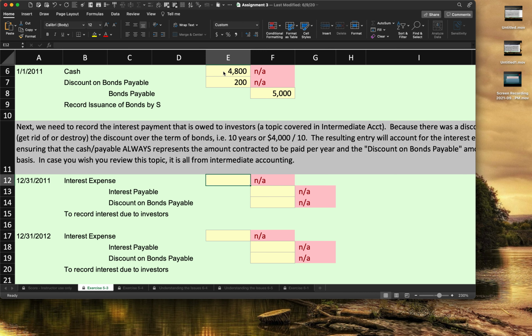So if I were to record a debit to discount on bonds payable for $200, first of all, my debits and credits will equal, but more importantly, I'd be able to show to the end user, hey, I do have an obligation to pay $5,000 down the road, but because of the discount of $200 that I offered on this bond, its carrying value today is really $4,800.